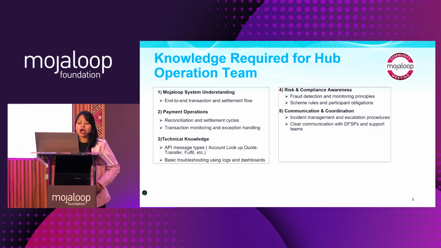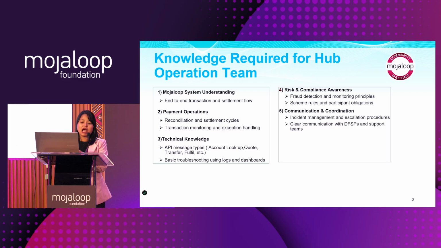Additionally, the team should have the knowledge related to the transaction log checking process or monitoring process, and also they should be familiar with the transaction log monitoring tools, such as Grafana or something like that.